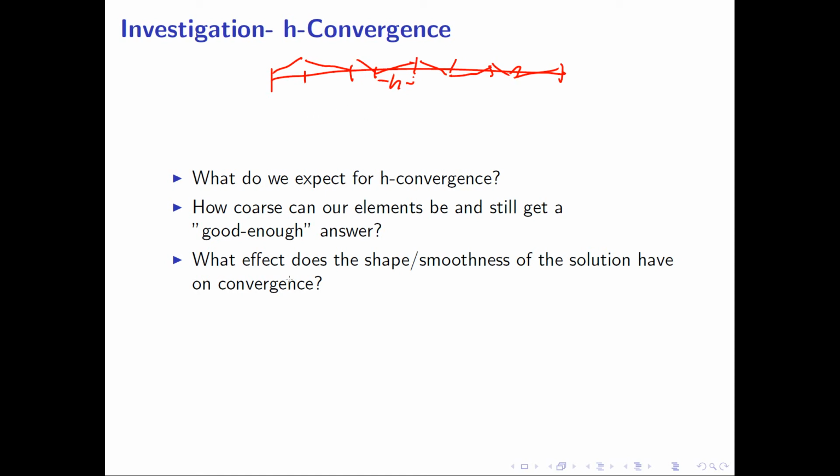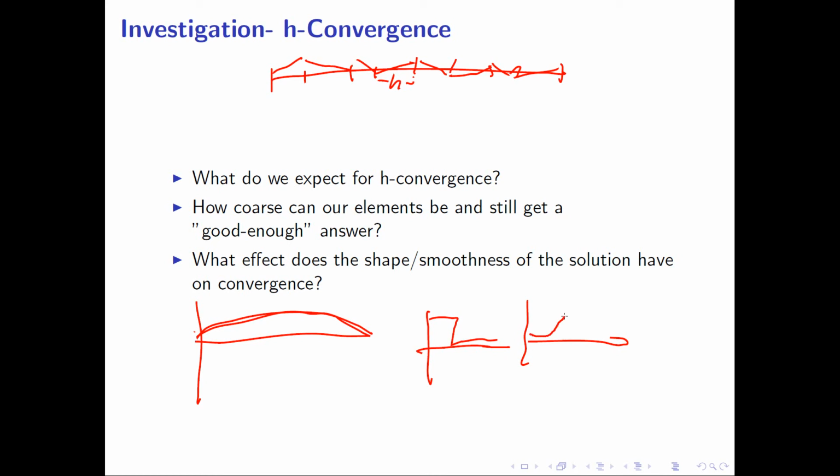And then finally, what effect does the shape or smoothness of the solution have on convergence? We're implicitly assuming that a piecewise linear solution approximation is going to be able to properly capture the analytical solution. For smooth functions, that seems reasonable, right? If we have some sort of function, we can represent this quite well with piecewise polynomials. But now imagine that we instead have large discontinuities, or situations where we have very large gradients.